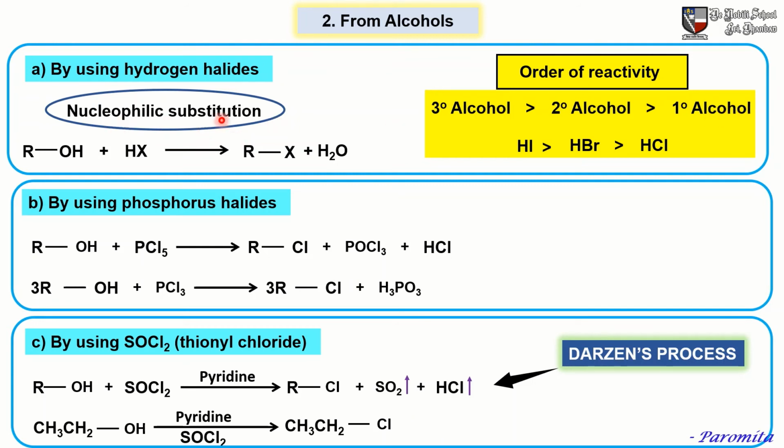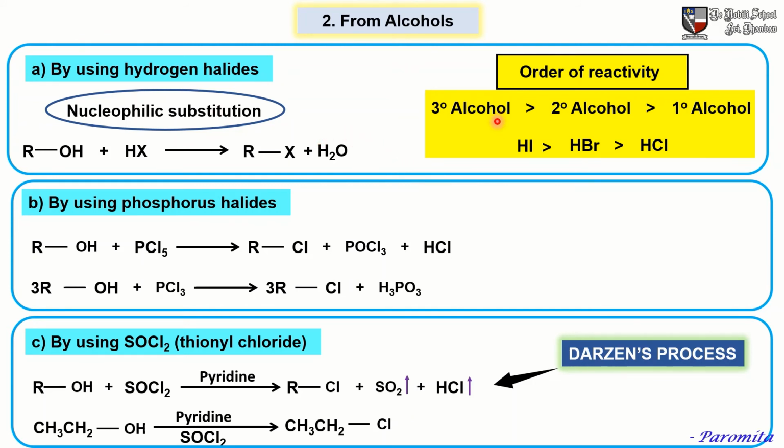Now this reaction is an example of nucleophilic substitution reaction. See, OH minus is replaced by Cl minus. So this is an example of nucleophilic substitution reactions, since both OH minus and Cl minus, or rather X minus, are nucleophilic in nature.